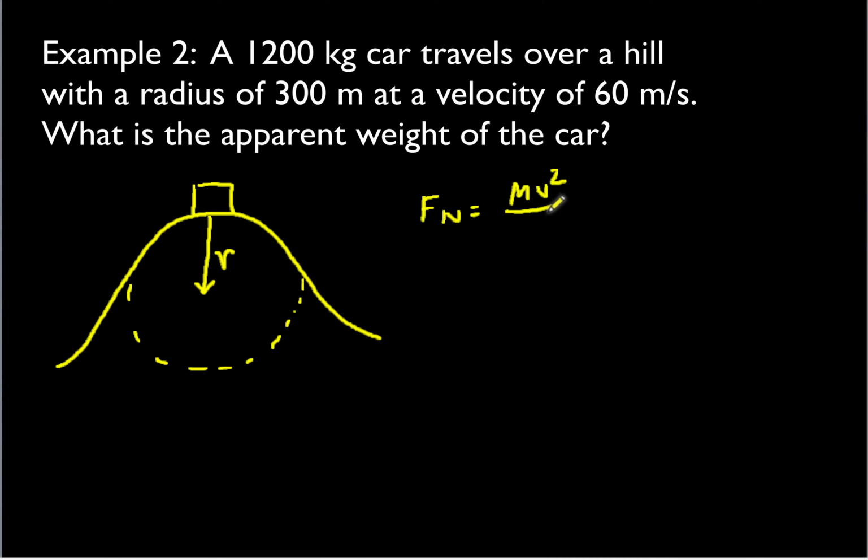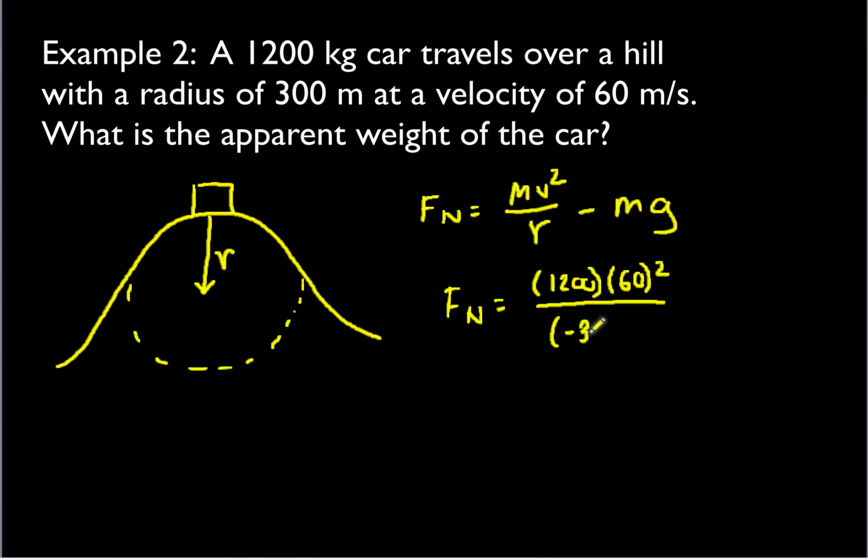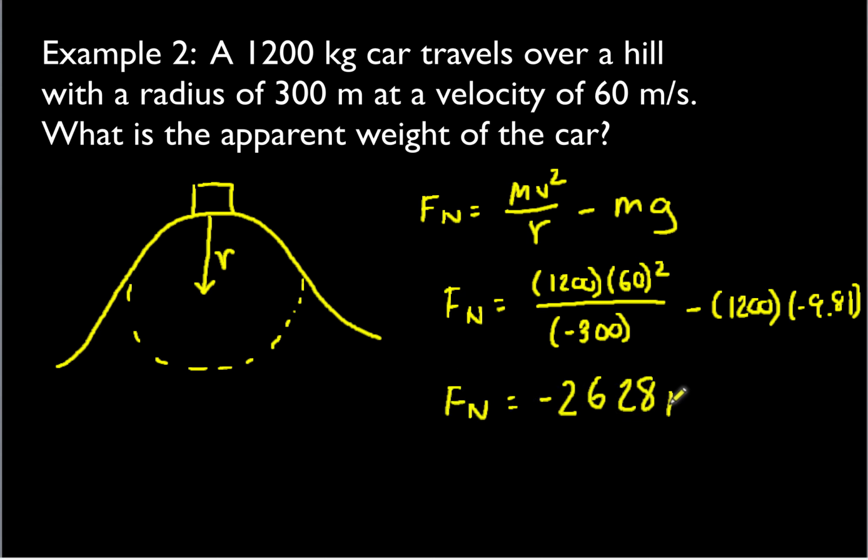Fn is mv squared over r minus mg, so Fn is 1200 times 60 squared divided by negative 300 minus 1200 times negative 9.81. This gives us a normal force equal to negative 2,628 newtons.